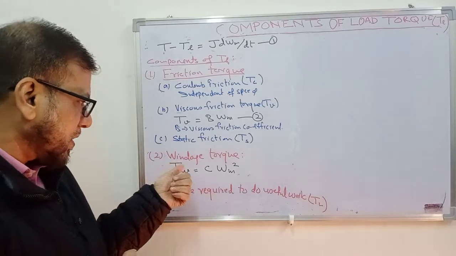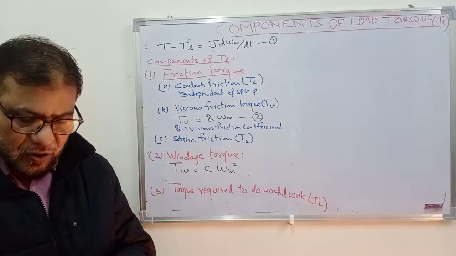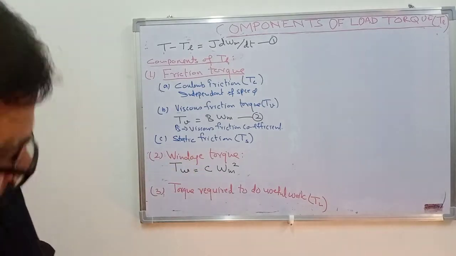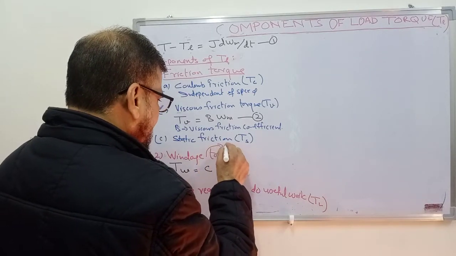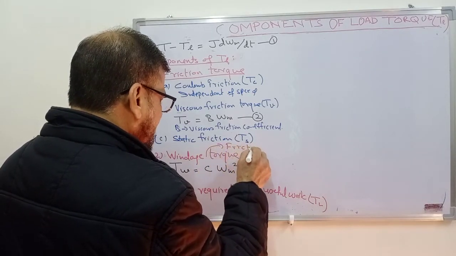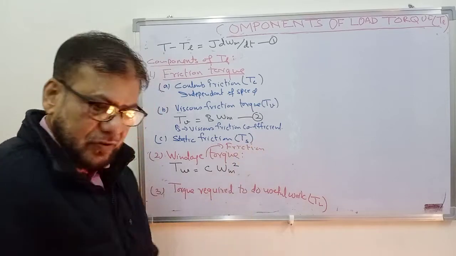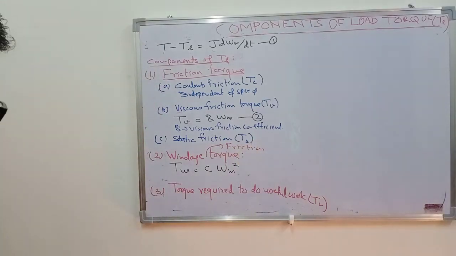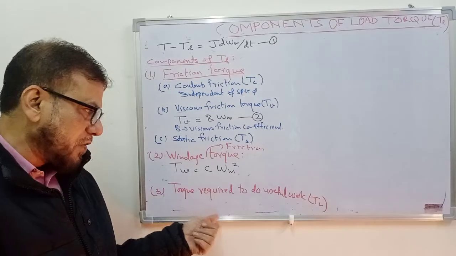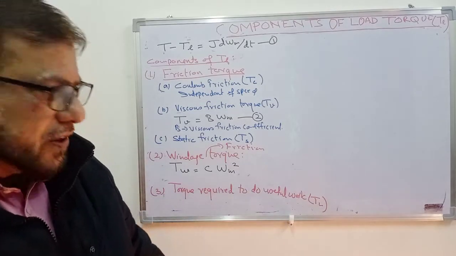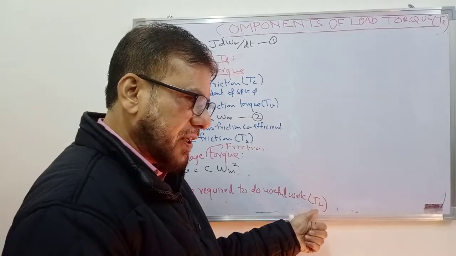Then it has to overcome the wind friction also. So you may call it as wind torque or wind friction torque. This is also one of the components of the load torque, and the third is the load torque required to do the useful work, that we call as T capital L.